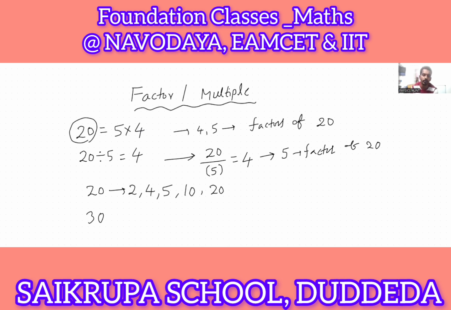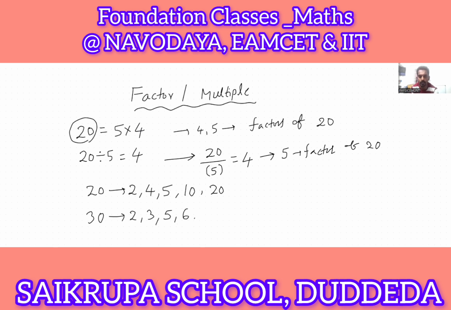Same way, if you take 30: 2 into 15 is 30, 3 into 10 is 30, 4 is not possible, 5 into 6, 6 into 5.